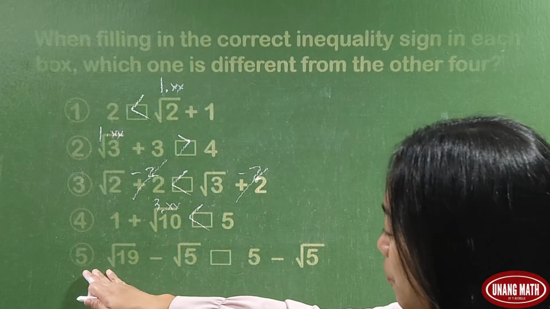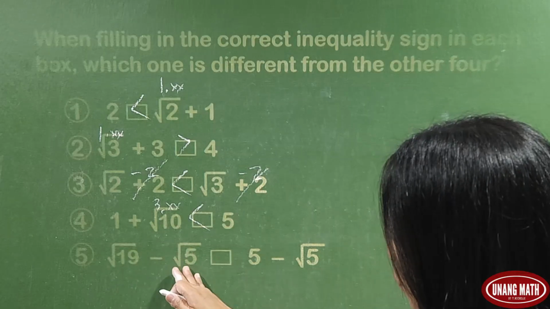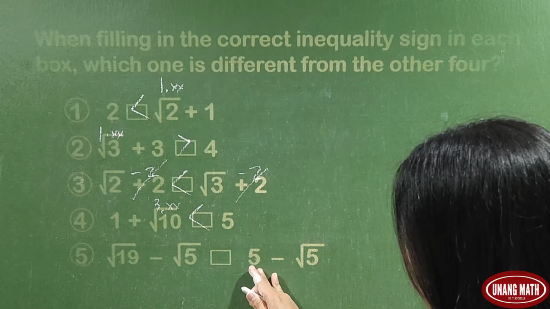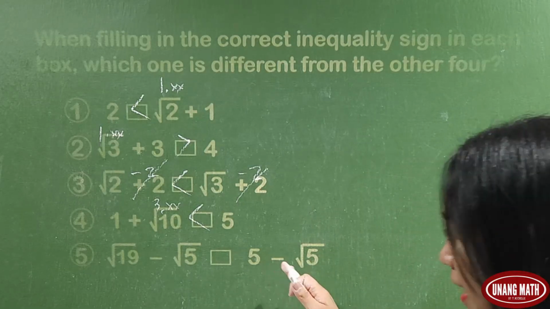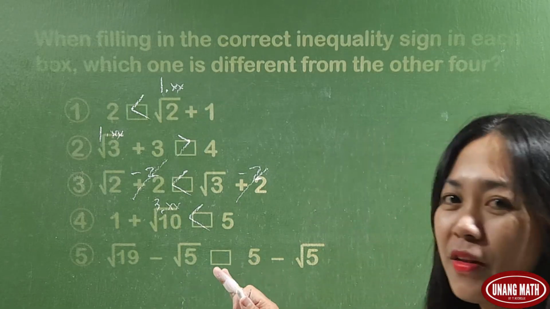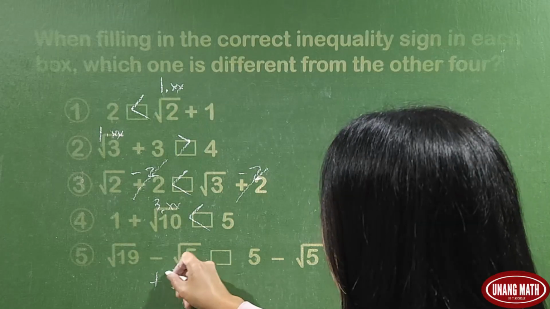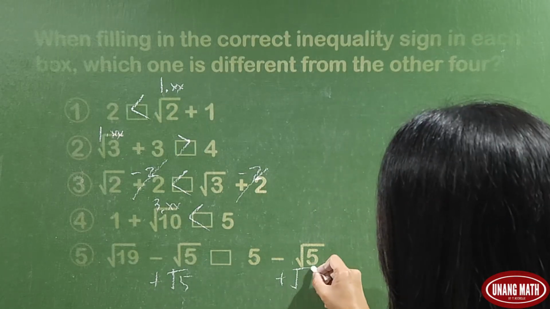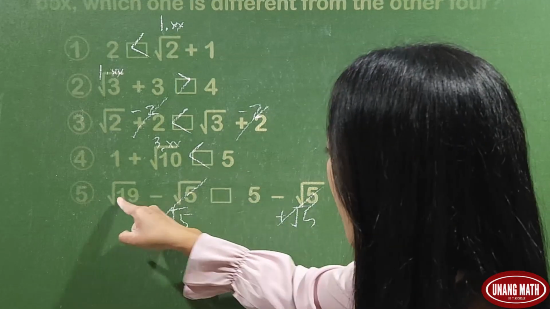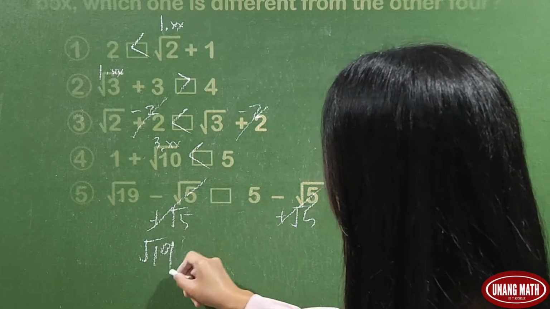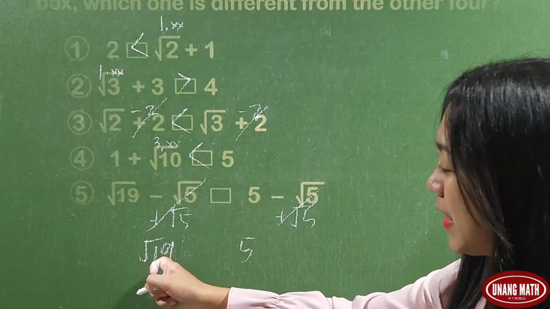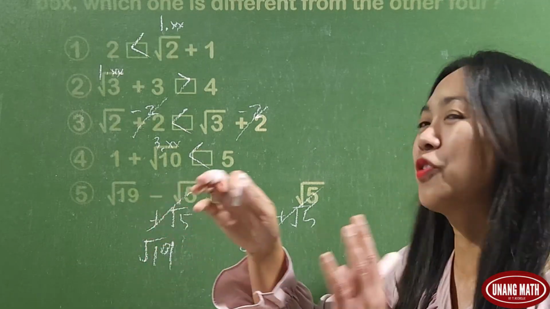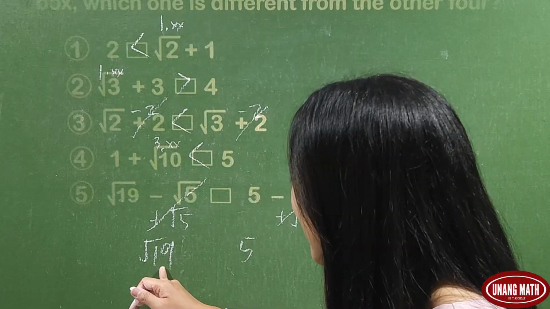For number 5, square root of 19 minus square root of 5, we have another number here, 5 minus square root of 5. Again, we can make use of the properties of inequalities. So plus the square root of 5 on both sides. We now have the square root of 19 and 5. For the square root of 19, the closer perfect square is 16.